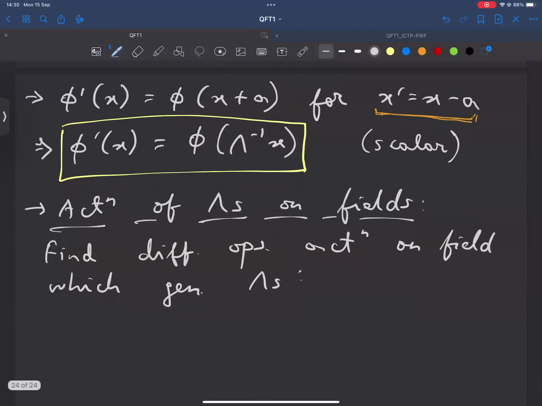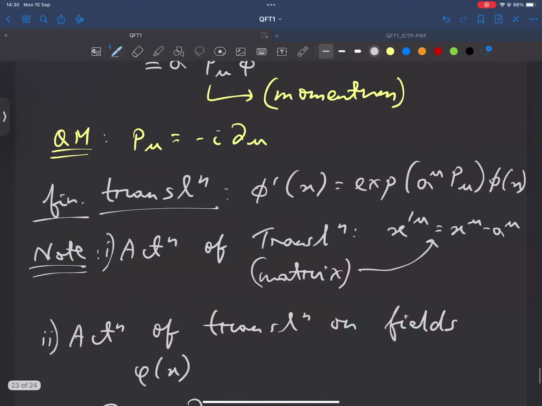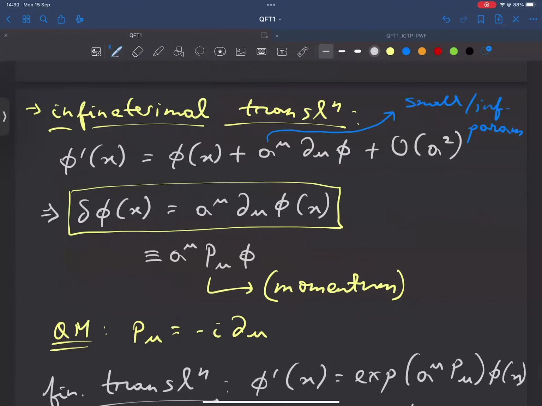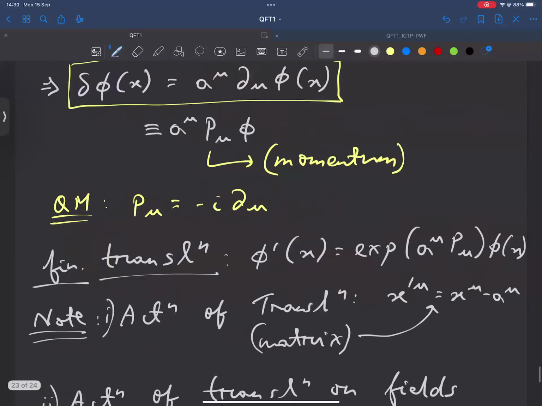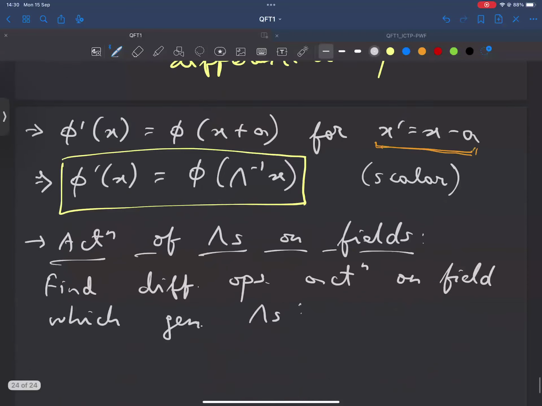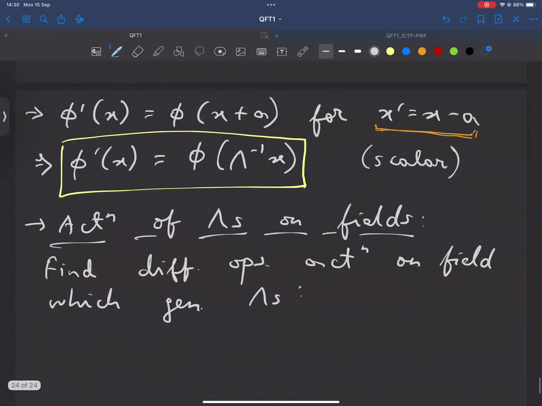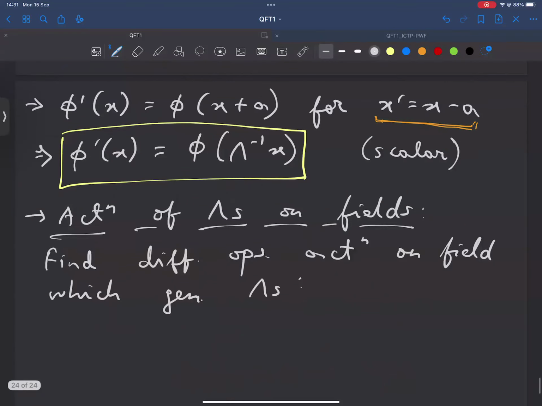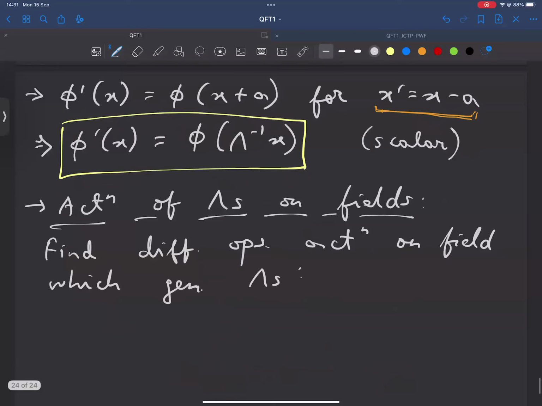Let's see how to do that. It is exactly the same way that we did translations. Just to recap, we expanded in a Taylor series and then identified the differential operator. Exactly the same thing we will do here, just with a few more indices, because a generic Lorentz transformation has one more index compared to translation. There are two indices. Okay, so let's do that.